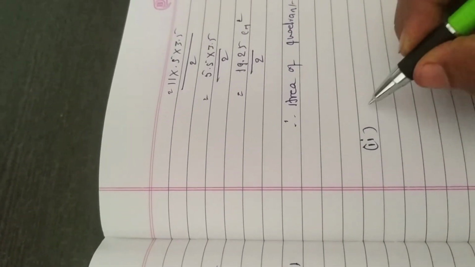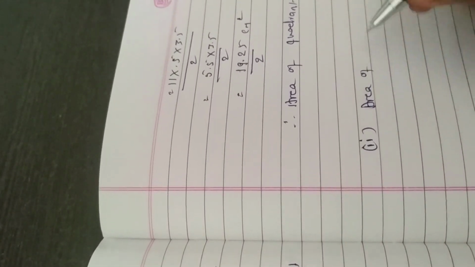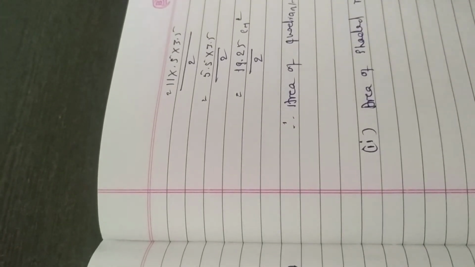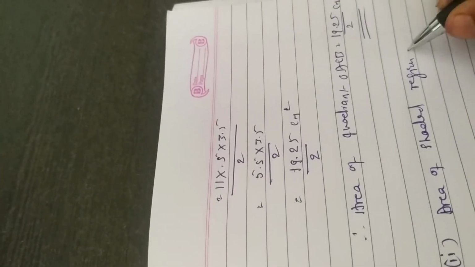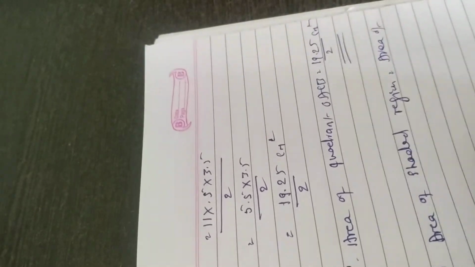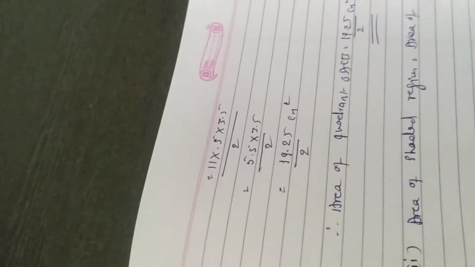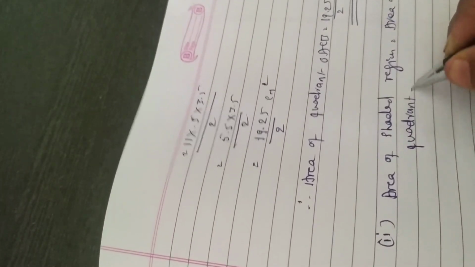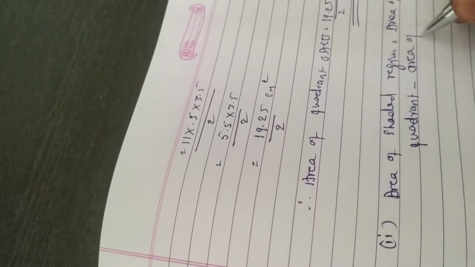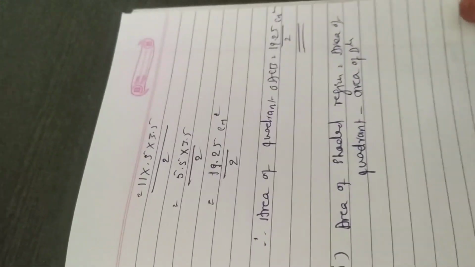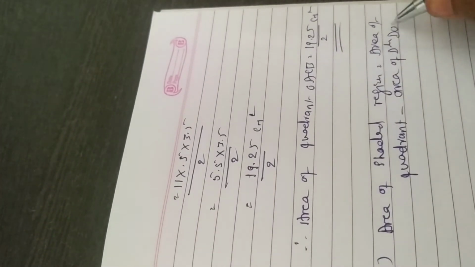Area of the shaded region is equal to area of quadrant minus area of triangle. The name of the triangle is DOB.